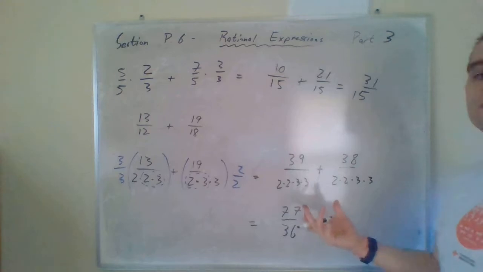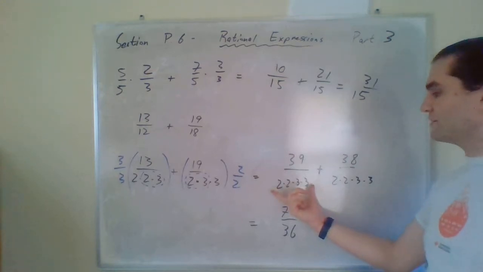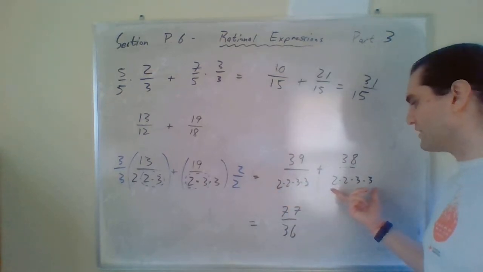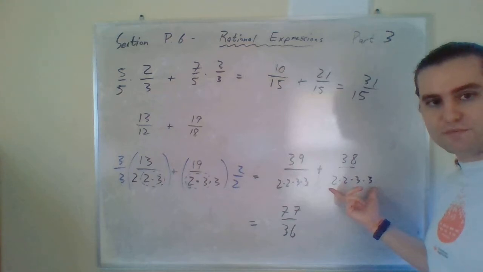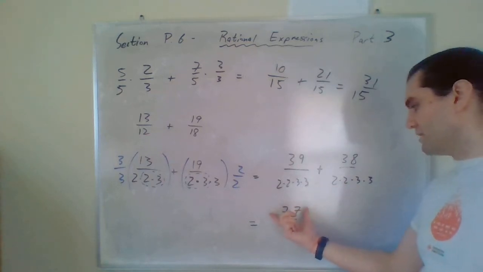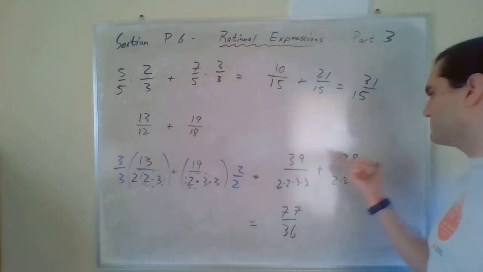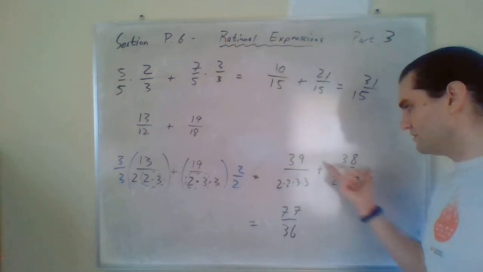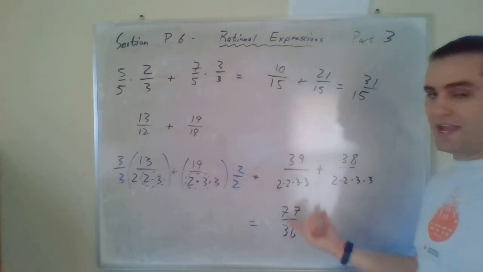So when we're doing this with rational expressions, I would encourage you to keep the bottom factored as long as possible, because sometimes when you add the pieces of the top together, you end up with things that might cancel on the bottom.